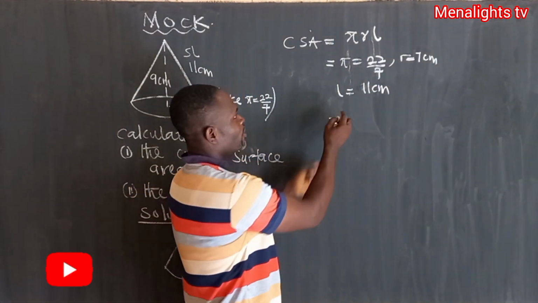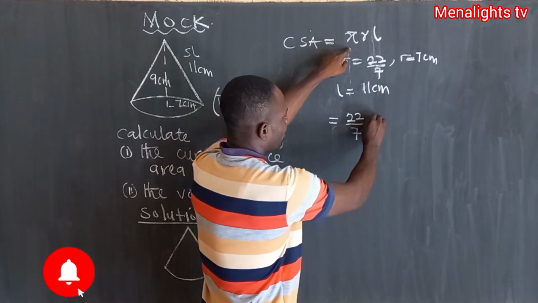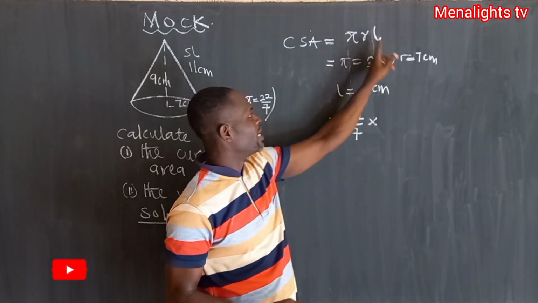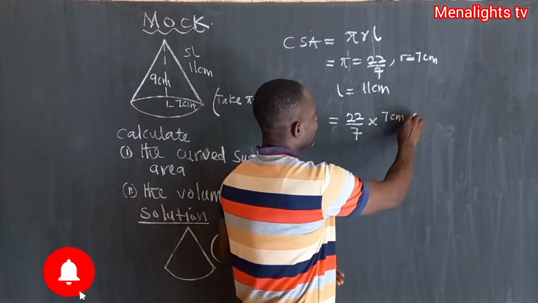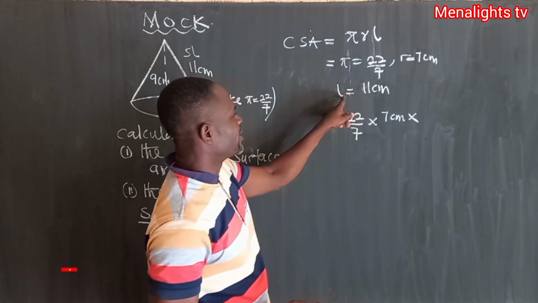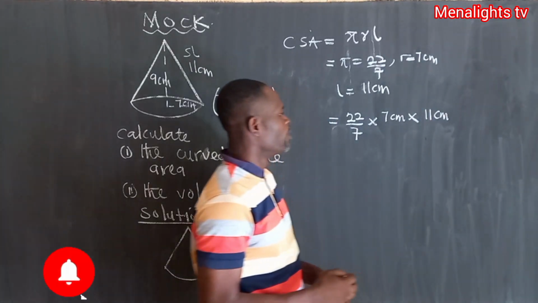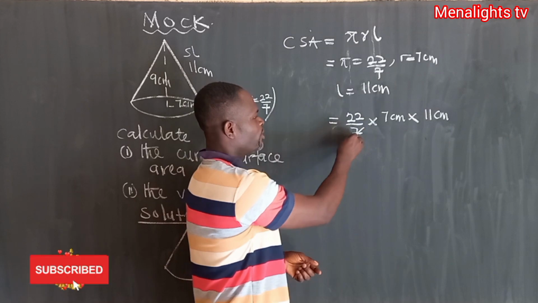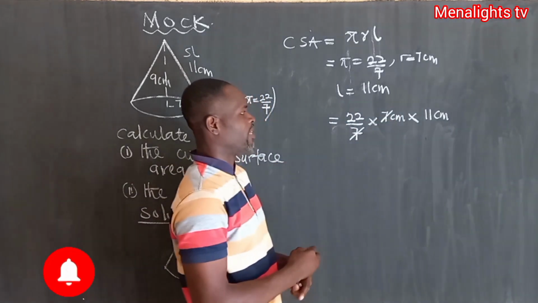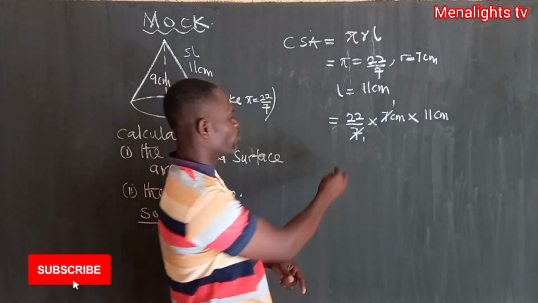So the pi, which is 22 over 7, times the radius. And the radius given is 7 centimeters, times the slant height, which is 11 centimeters. Now what we have to do is this 7 will cancel the 7 that we have here. So 7 goes into itself 1 time and goes here 1 time as well.